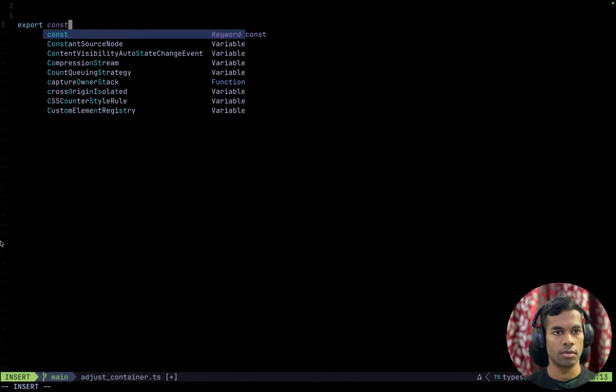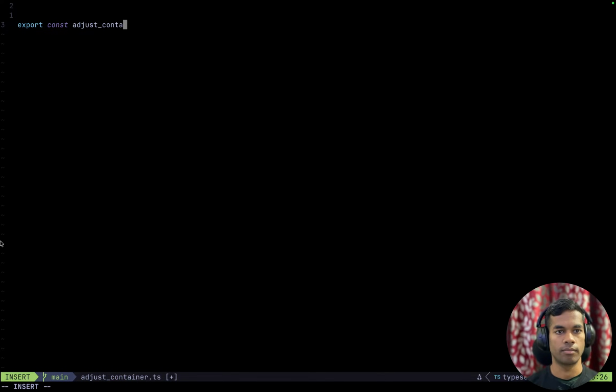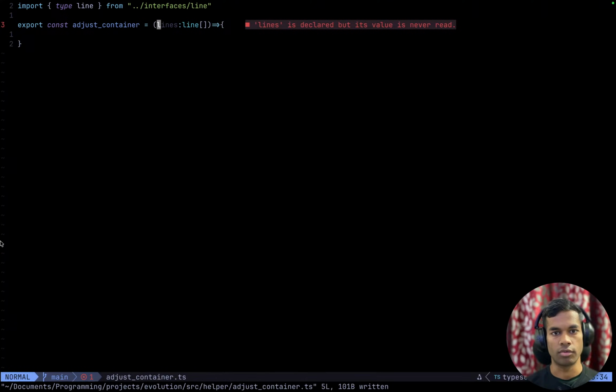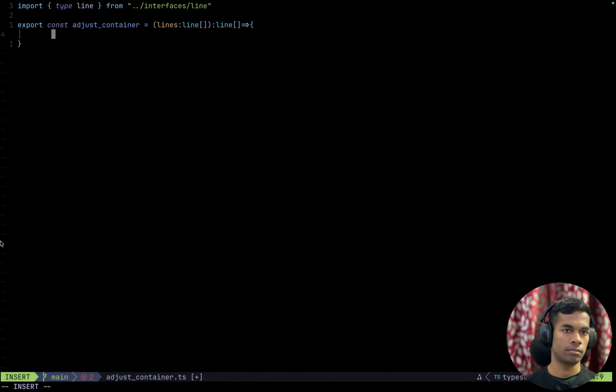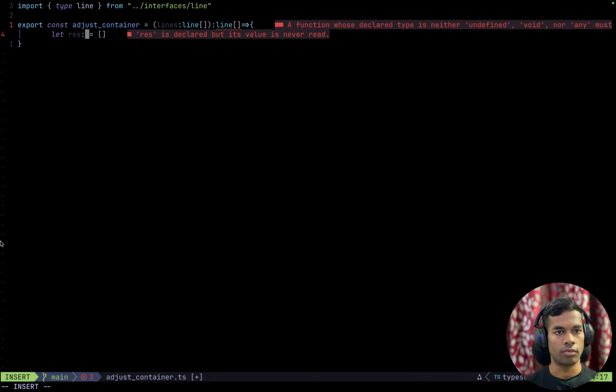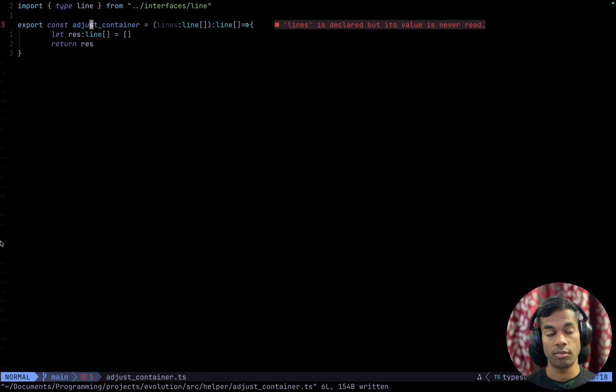Const adjustContainer equals both lines. This takes in lines whose type is a line list, and this also returns a line list. Let response be an empty list of type line list. Return response. Lines is declared but its value is not.